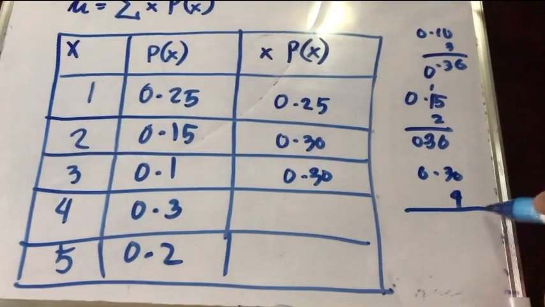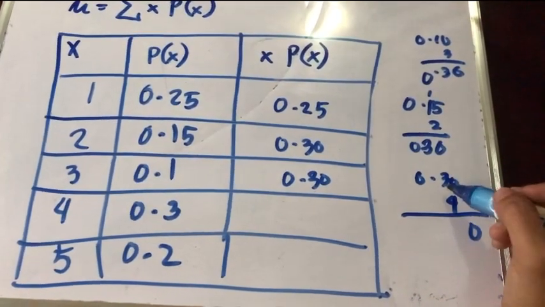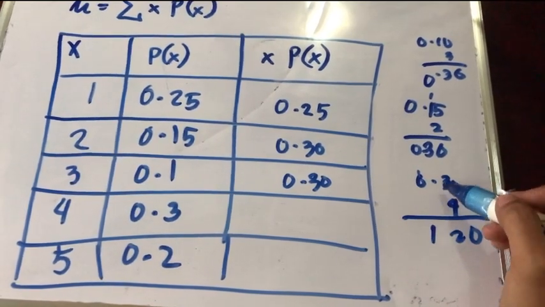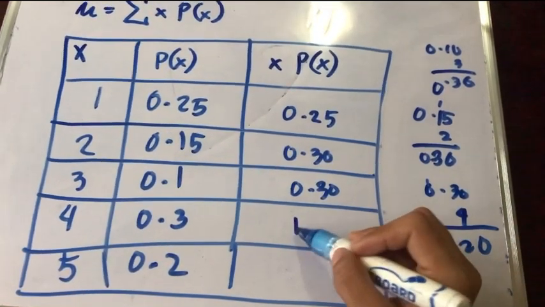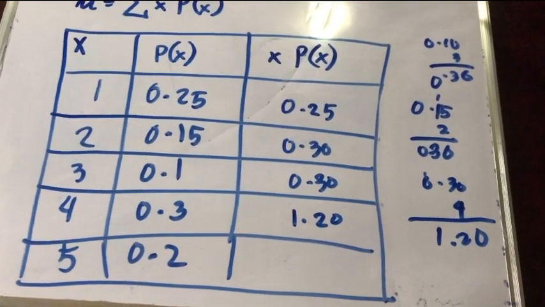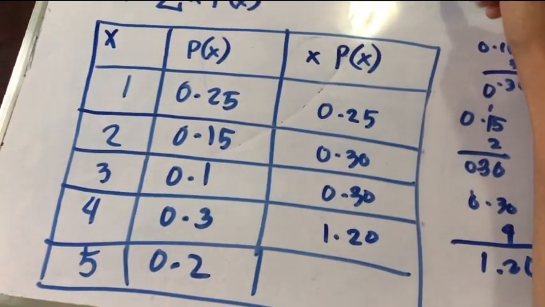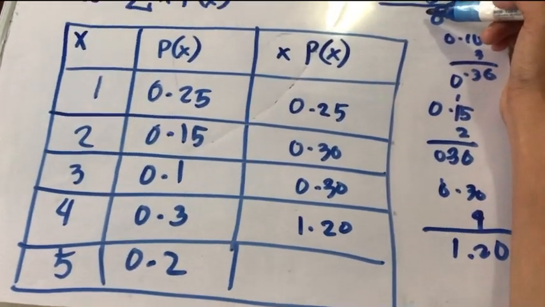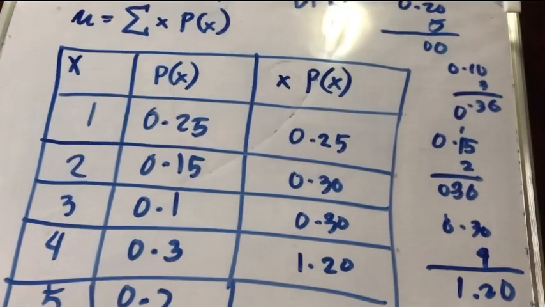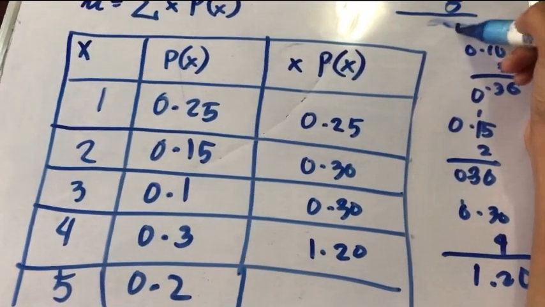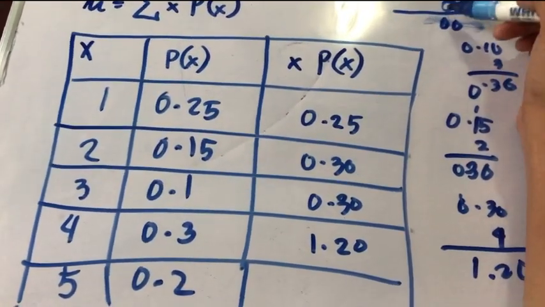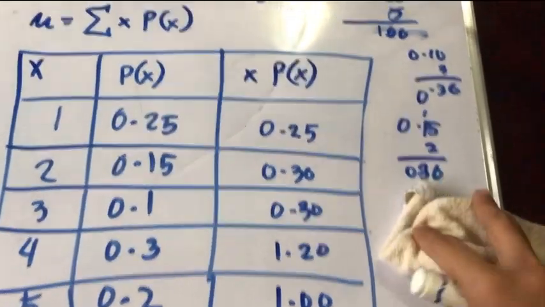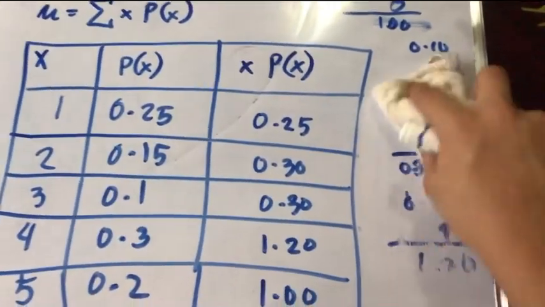Next, 0.30 times 4, so 0, 3 times 4, that is 12, 0, 1, so we have 1, 2, 1.20. Next, we have 0.20 times 5, this is 0, 2 times 5, this is 10, so 0, 1, 1, 0, 0.